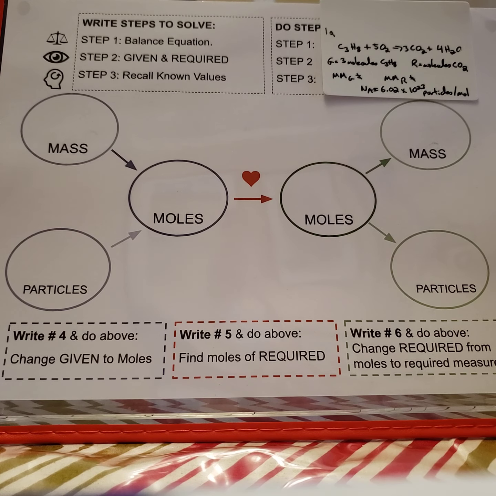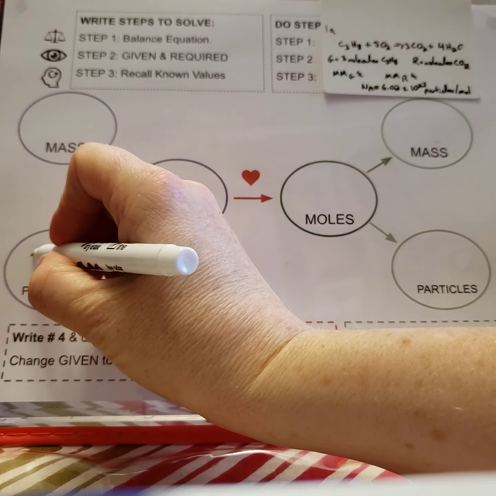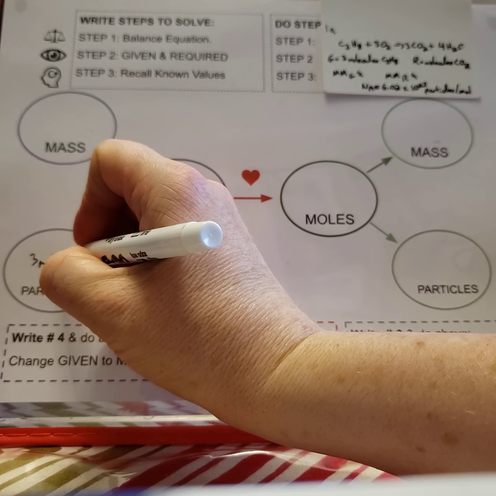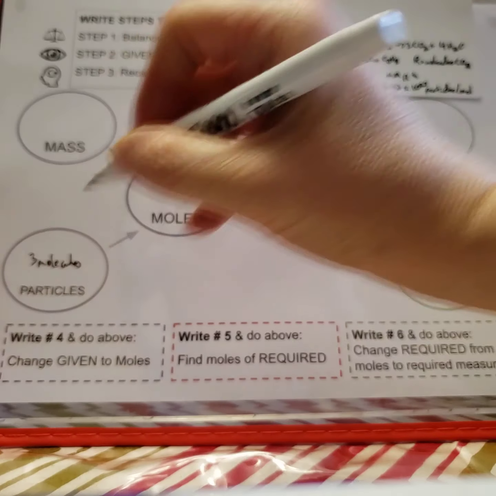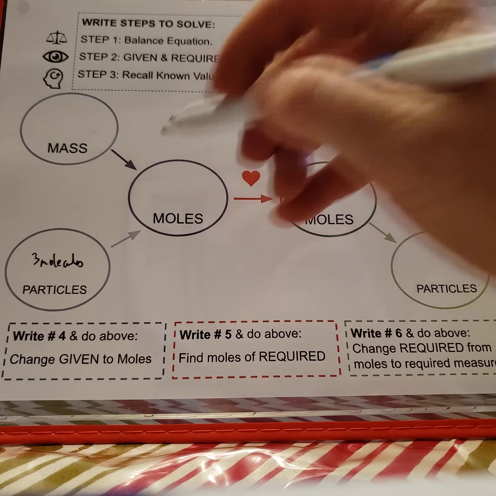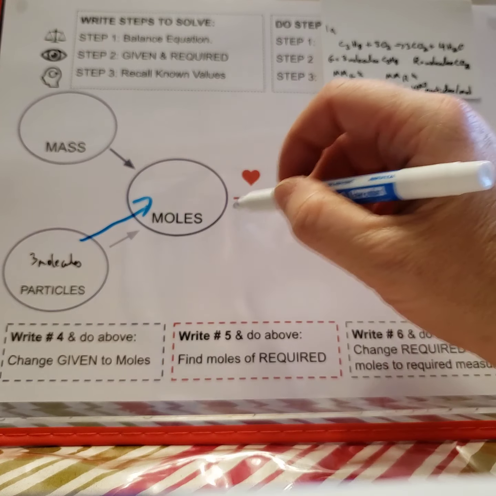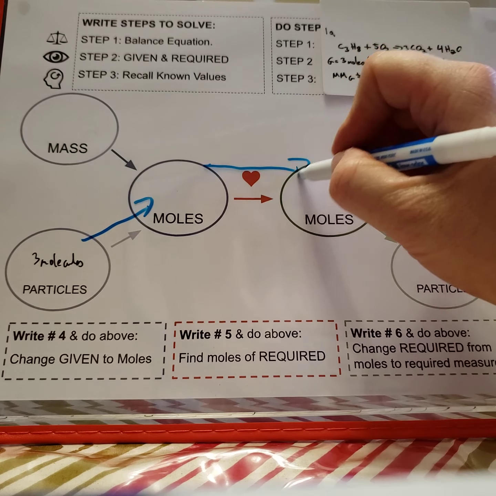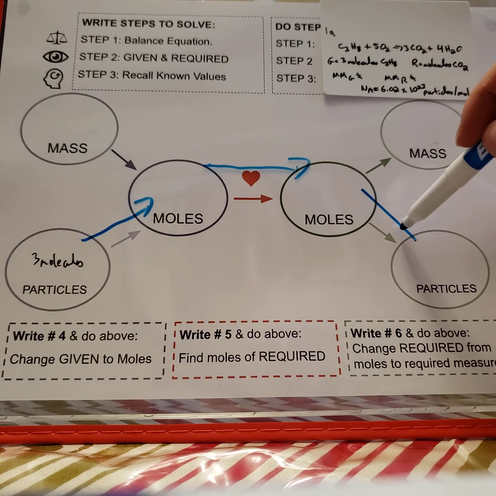All right, so we have 3 molecules of our given. Okay, and let's identify our root. We can go from moles. We need to go through the heart of it and get back to particles. All right, so 3 molecules.